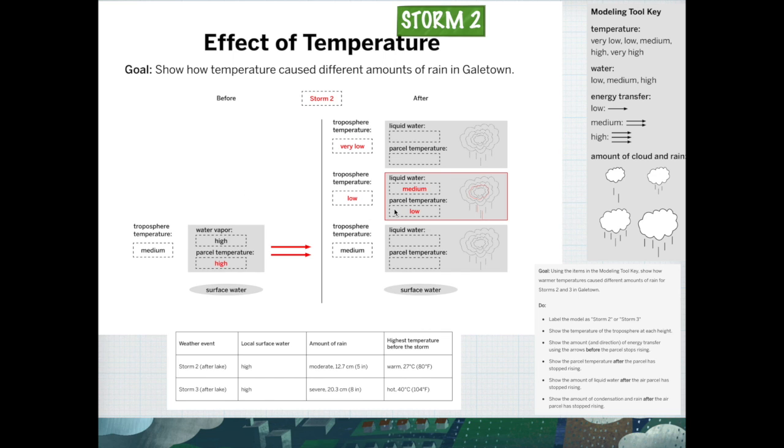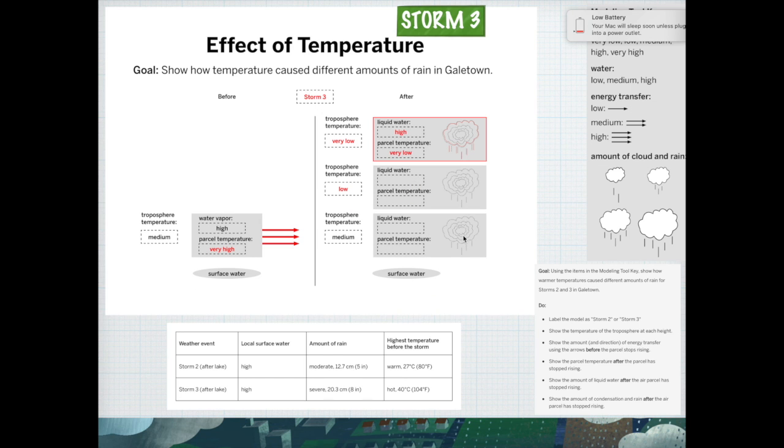And what happens is that there becomes a medium amount of liquid, and the air parcel also becomes very low. You're going to see that the energy transfer is going out, but because this is a warm parcel, it doesn't go to the highest part of the troposphere.